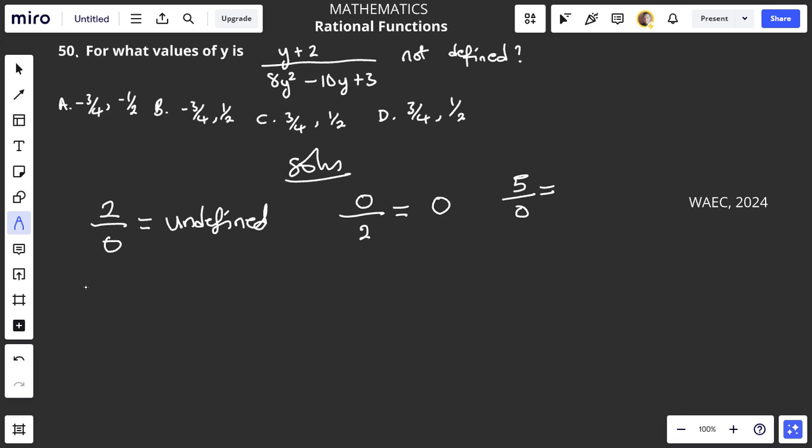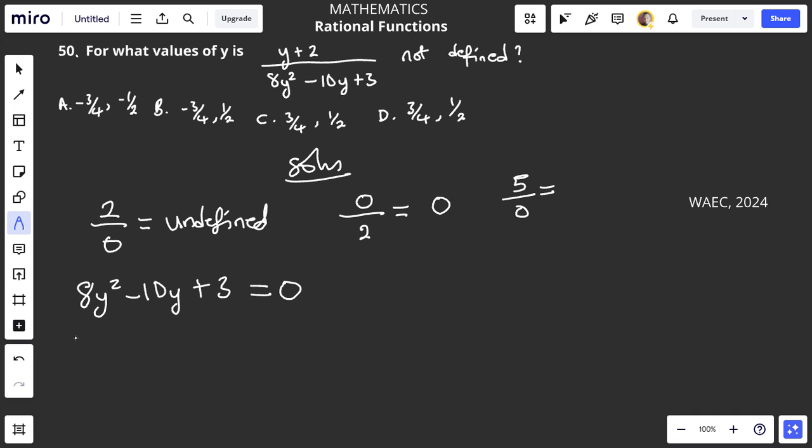So let me bring out that quadratic equation, which is 8y squared minus 10y plus 3 equals 0. We want to find the values of y that will give us 0, because when it gives us 0, it will make this undefined.